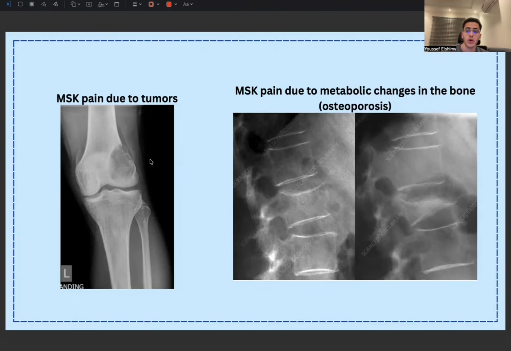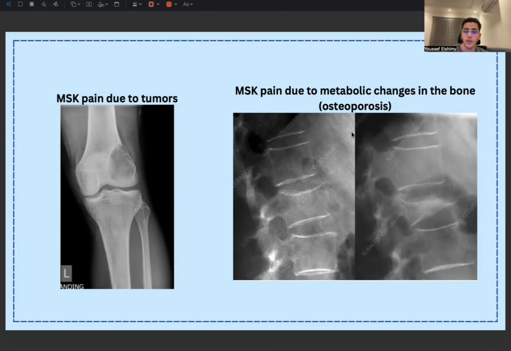And most probably it's because of a tumor invading this area. It might be a primary tumor arising from the bone itself, usually in the child population, or it can be a metastatic or secondary tumor that metastasizes to the bone. For example, prostate cancer likes to metastasize to bones. So based on that, you confirm that the MSK pain is due to tumors.